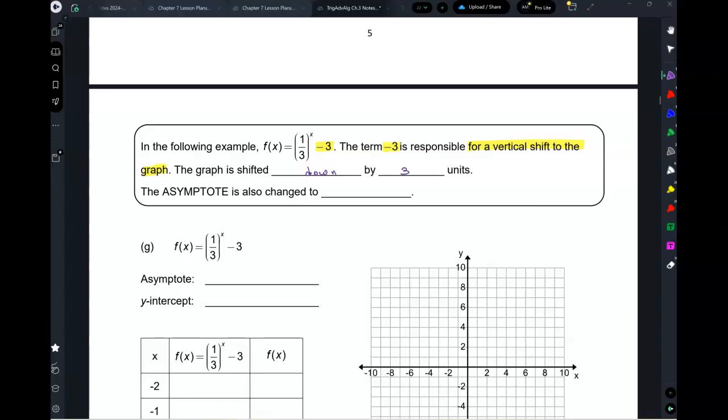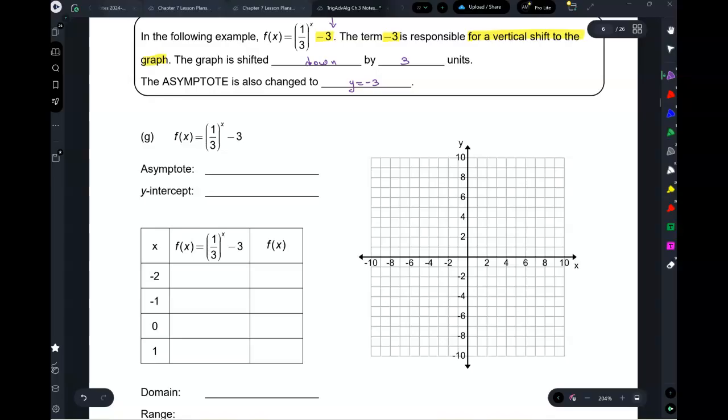When you shift the graph up and down, the entire thing shifts, including the asymptote. So the asymptote now is going to be y equals -3. It is always going to be y equals that number. So in here, my asymptote is y equals -3.